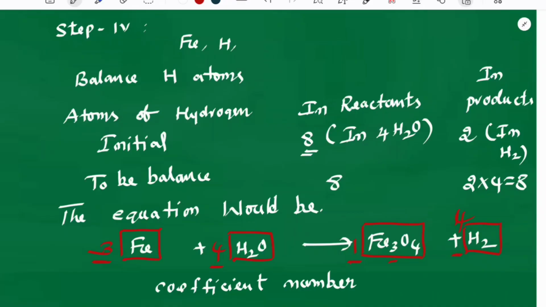This is the balanced chemical equation. So how can we check whether it is balanced or not? Already we know that method.